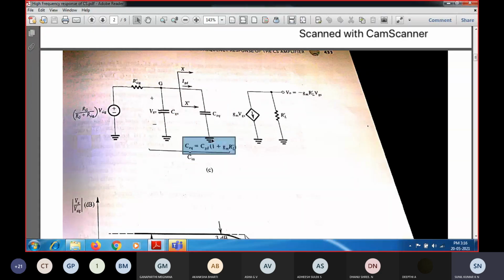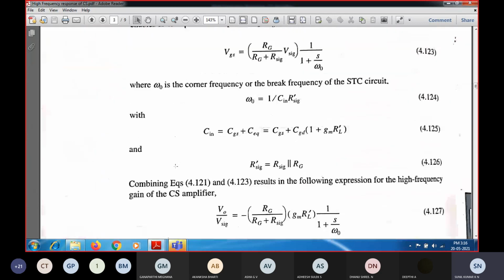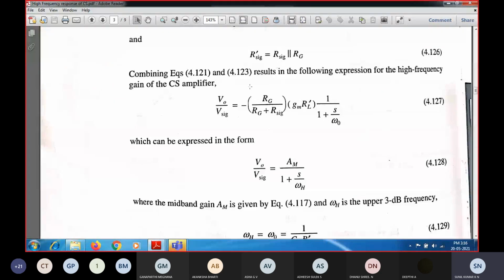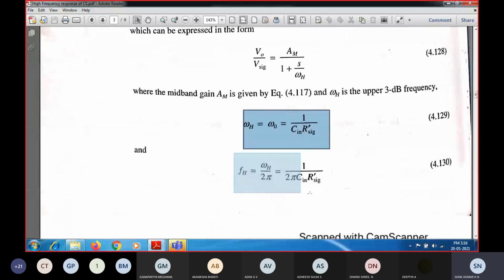That gives the one single time constant, with one single capacitive component and one resistance component. Through that I can obtain the value of the single time constant, the gain expression, and the 3 dB frequency part.